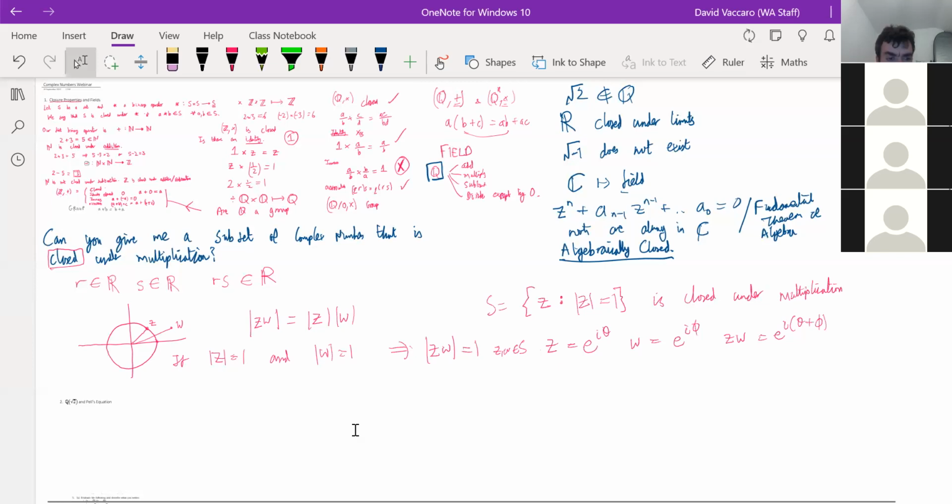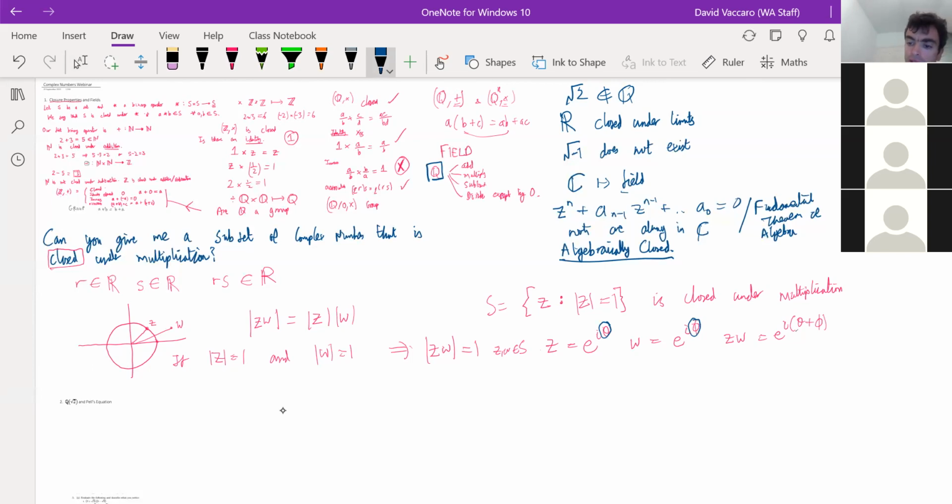So algebraically, multiplication of complex numbers which have got modulus 1 is very similar to real numbers with addition. And this is getting into the heart of a maths degree.